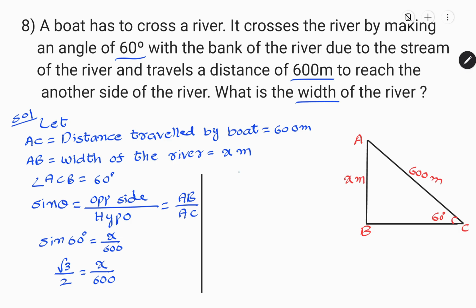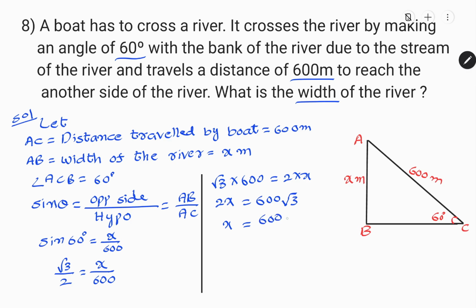Here root 3 into 600, 2 into x, 2x. We can write like this: 2x equals 600 root 3. Here transpose 2 from LHS to RHS.